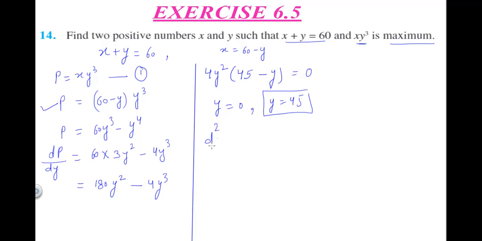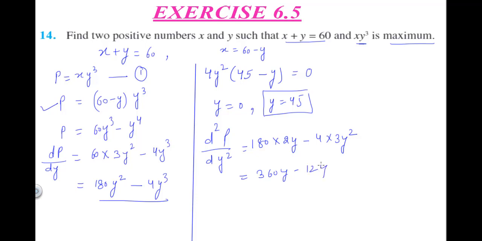Now at y equal to 45, let us find the second order derivative of P, d square P by dy square. Differentiating again, we get 180 multiplied with 2y minus 4 multiplied with 3y square, so 360y minus 12y square.